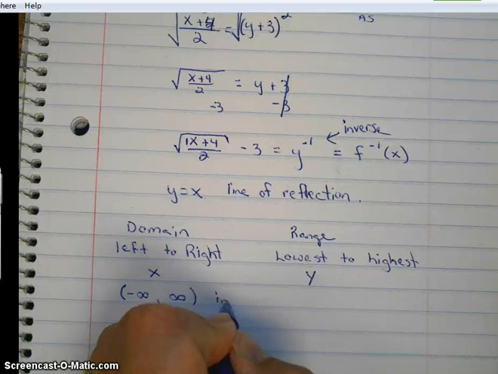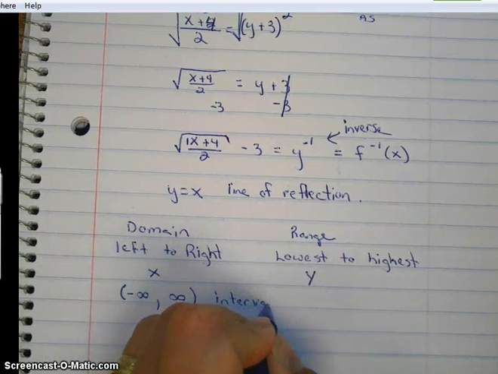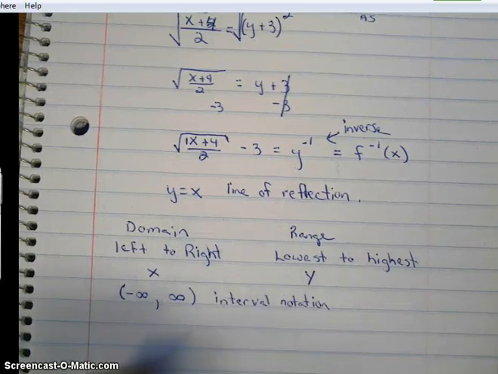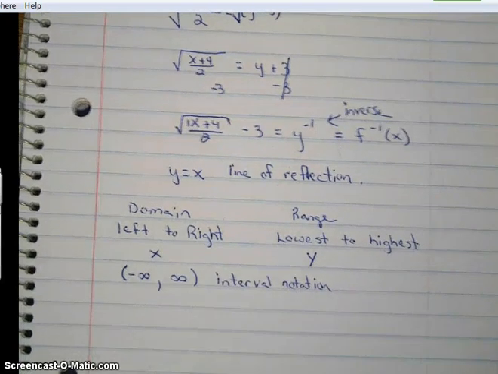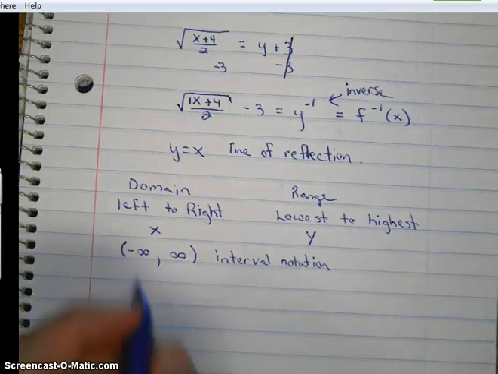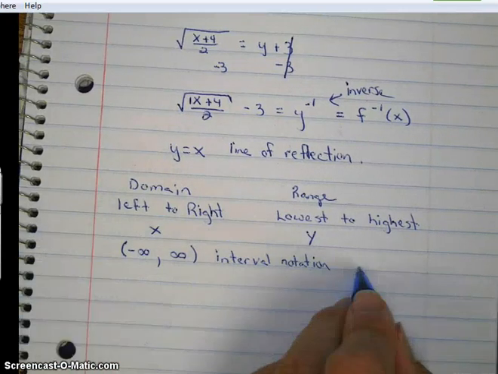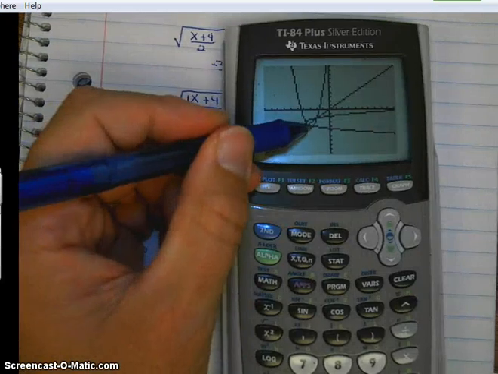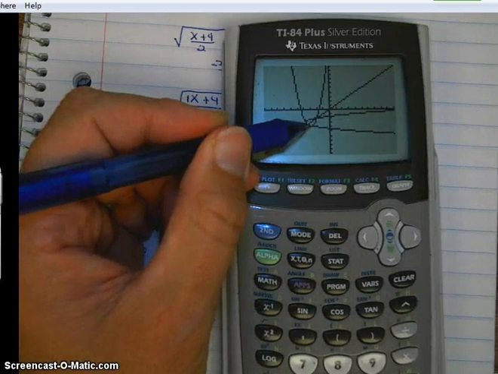This is interval notation. I figured you might need some help with your worksheet this weekend. Now, let's do range, lowest to highest. So our lowest point here is at -4.